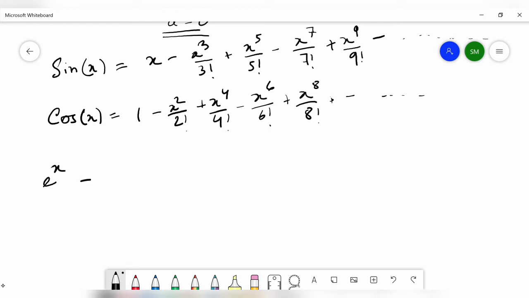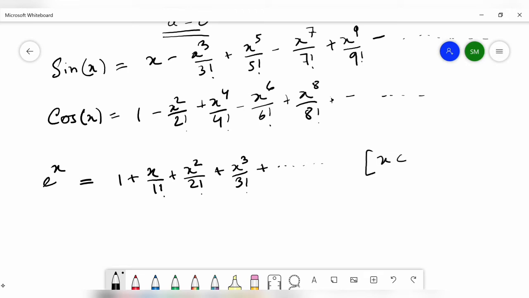If I have e to the power x, we can write it as 1 plus x by 1 factorial plus x squared by 2 factorial plus x cube by 3 factorial, and so on and so forth. So it goes on like this. And a good thing about this formula is that it is defined such that x can be anything.